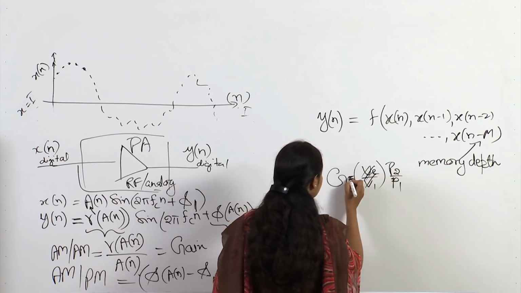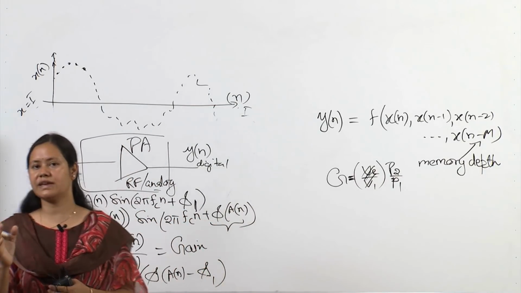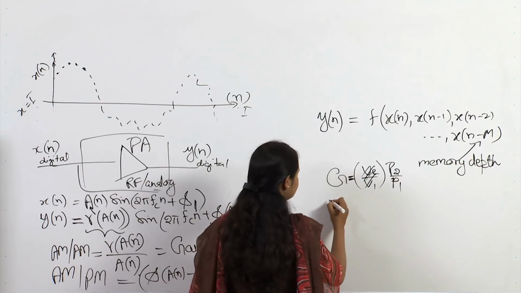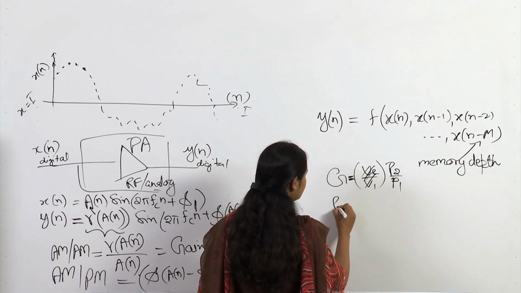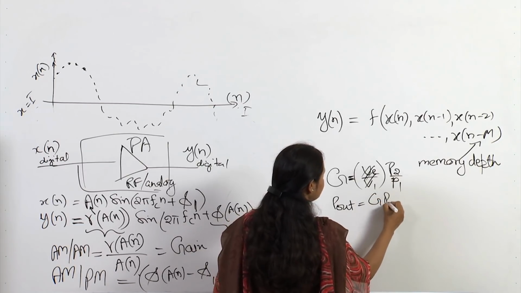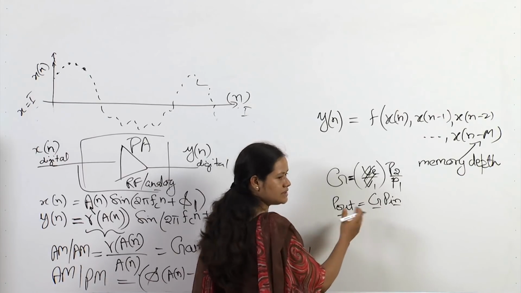When this happens, we have our gain there, and we want to make a relation between input and output. Then P2, or P out, will be G times P input. If it is linear, they are simply watts and the gain.